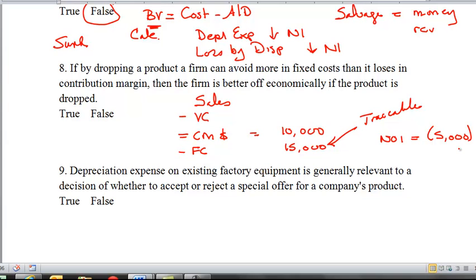We would actually, instead of having a net operating loss, have a gain of 5,000. So, as long as your fixed cost saved is greater than the lost contribution margin, you should drop your product, which is what this is saying. So therefore it's true.